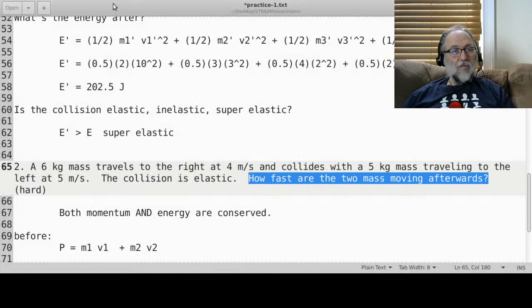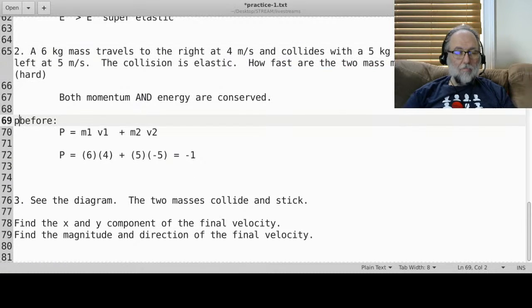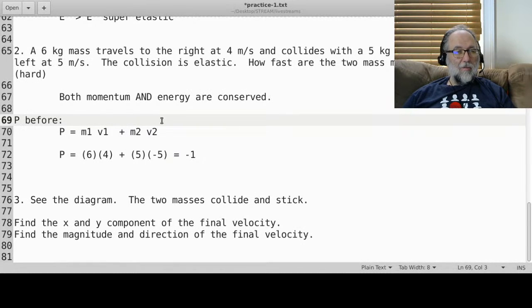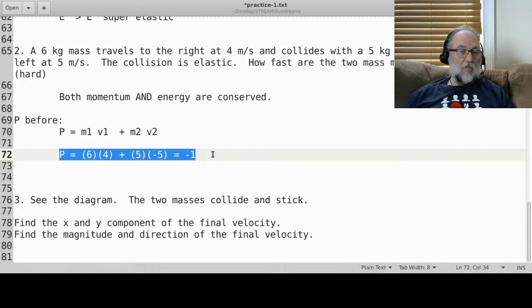Okay, so let's start off with momentum. Momentum, capital P before. So the momentum before is just m1 v1 plus m2 v2, like above. And when we calculate that, nothing's changed here, so it's again -1, and the units are kilogram meters per second. And what about the momentum after?